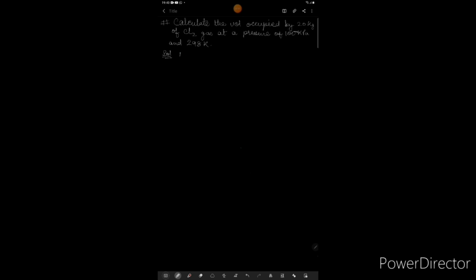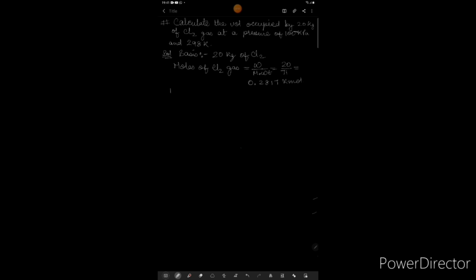Solution basis: 20 kg of chlorine gas. From here, moles of chlorine gas equal to how many moles? How can we calculate moles? Weight per molecular weight. Okay, so weight given is 20 kg and molecular weight of chlorine is 71, so it comes 0.2817 kilomole.